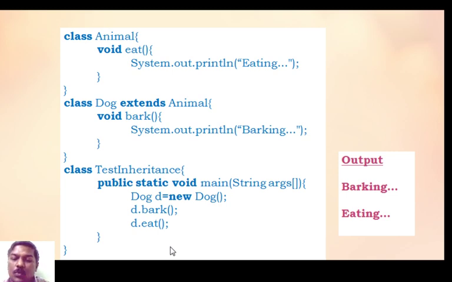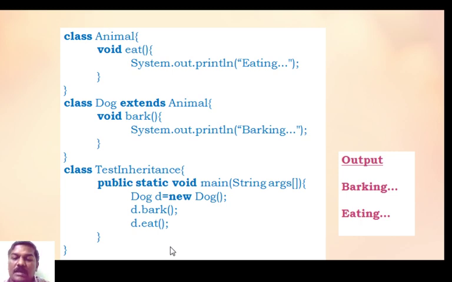Now I am extending, that means I am expanding the animal class into another class called dog. See, dog is the derived class which gets the functions of animal. So this is the syntax of declaring a derived class: extends the base class name. By applying this concept, I am extending the class animal into dog.